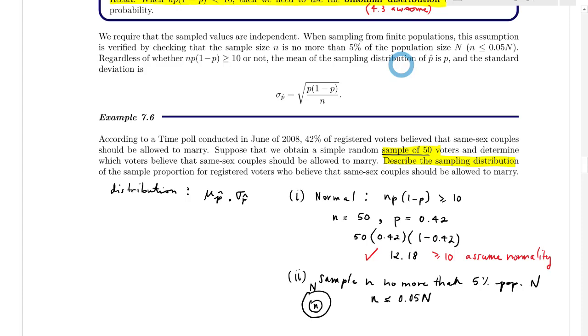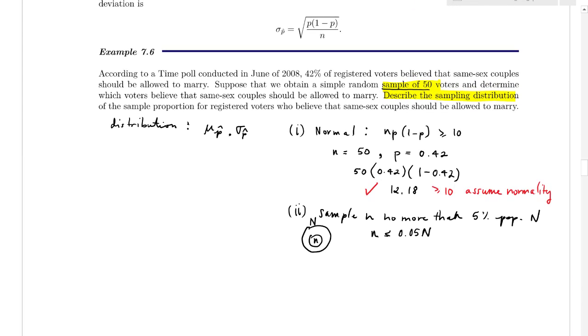So in this case with voting, we have to think about the sample size n. If n is equal to 50, is this less than or equal to 5% of all registered voters? Well, think about it. 50 people is maybe your biology class, right?